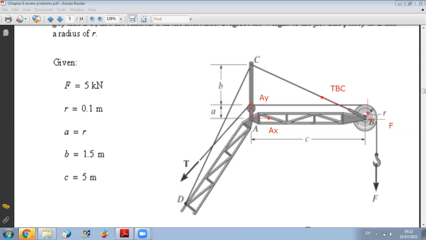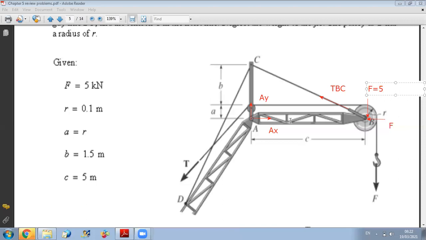So these are the forces acting on AB. Now F is given, F equals 5. So I have three unknowns, TBC, Ax, Ay.